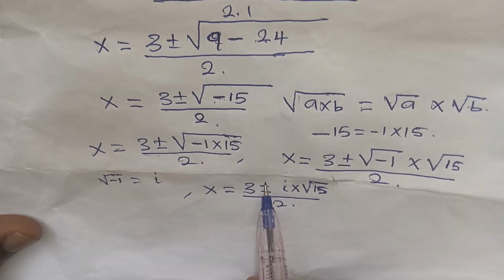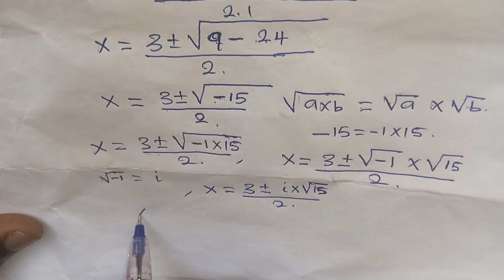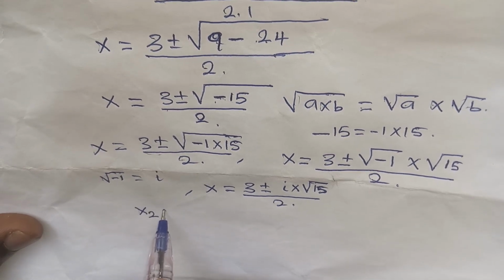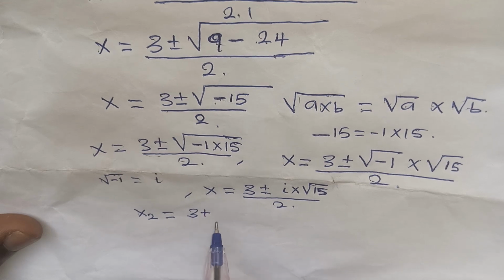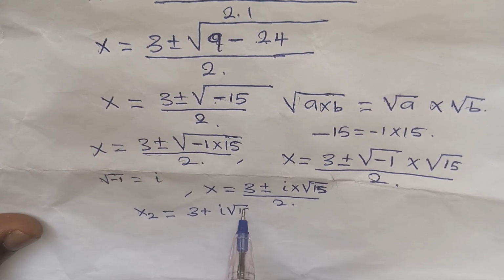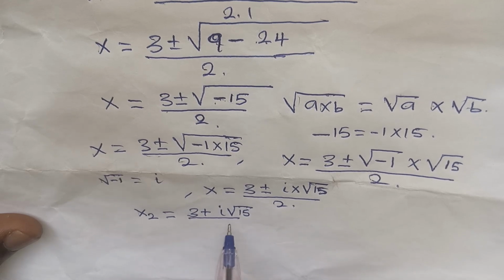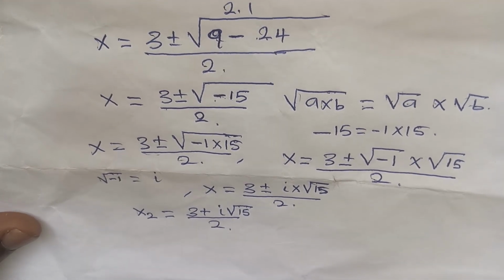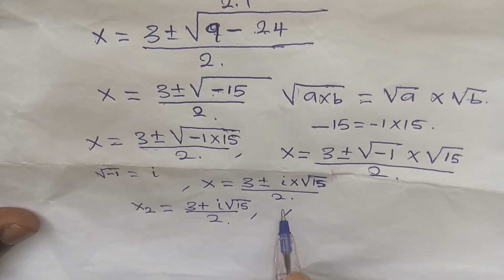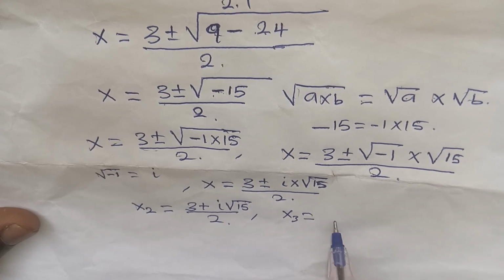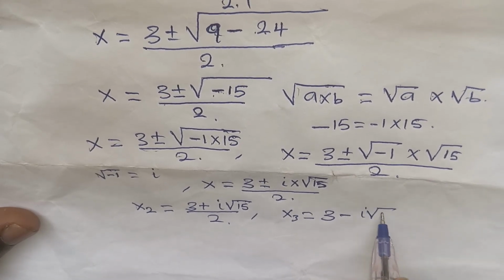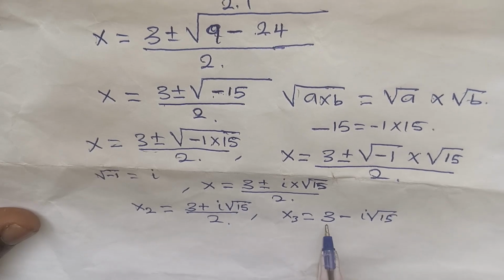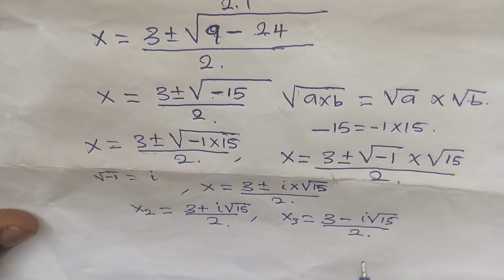We can see we are having a plus and a minus, therefore our x2 is equal to 3 plus i root 15 divided by 2, and our x3 is equal to 3 minus i root 15 divided by 2.